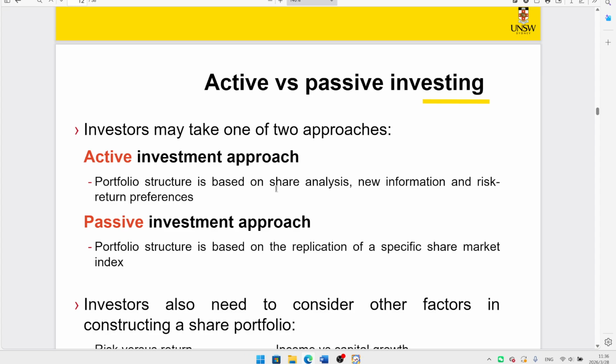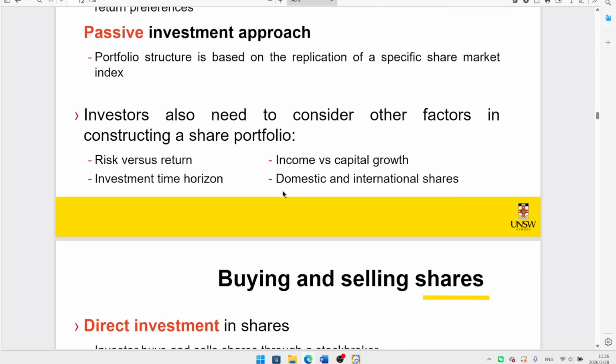The next one, passive investment, is just replication of a market index. That's the difference.